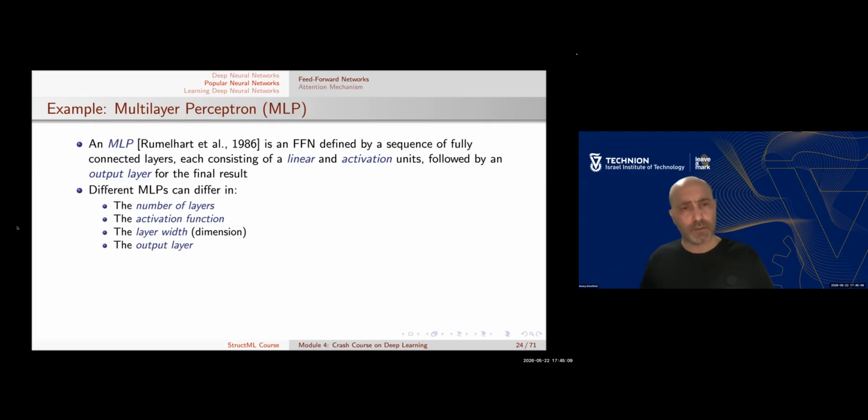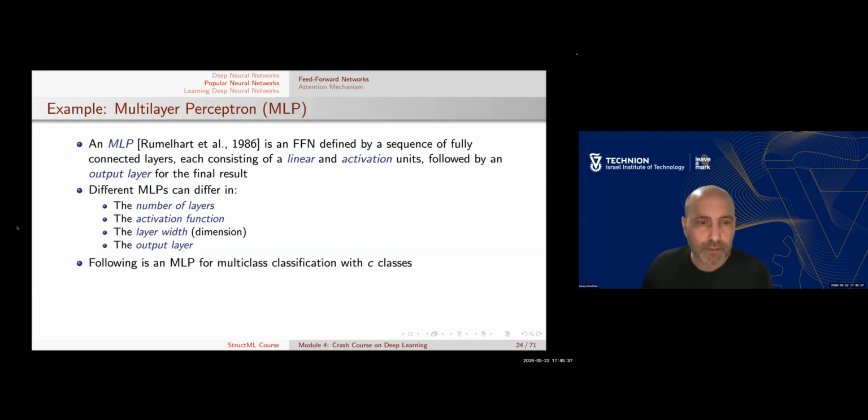So different MLPs can have different layers or number of layers. The activation unit can be different. It's usually the same activation unit applied again and again. The width, the dimensions that you're using there, these might be different, of course. And the way you combine things in the output layer, in the decision layer.